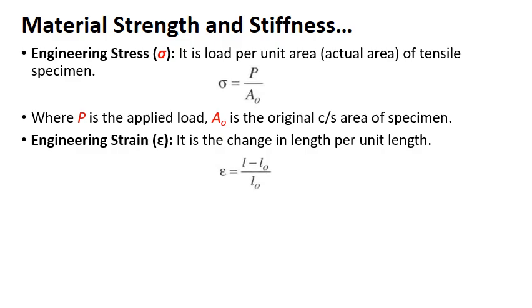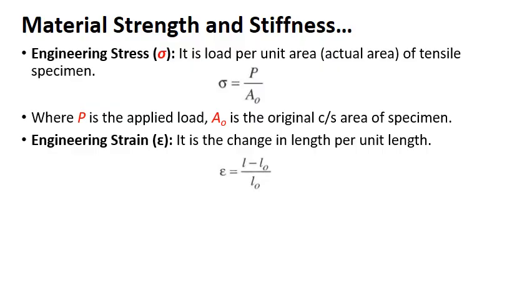The distance of this gauge length from the shoulder is also specified in the standard, or you can go to any mechanics of solids book covering Saint-Venant's principle. The distance is probably 2 times or 3 times the diameter from the shoulder, so the effect of stress concentration will be minimal. So this is something about the gauge length.